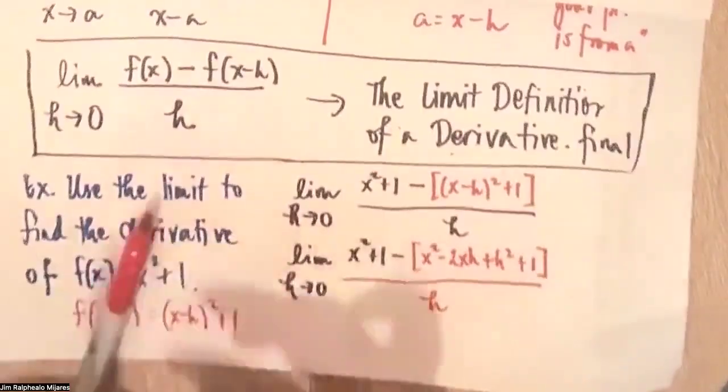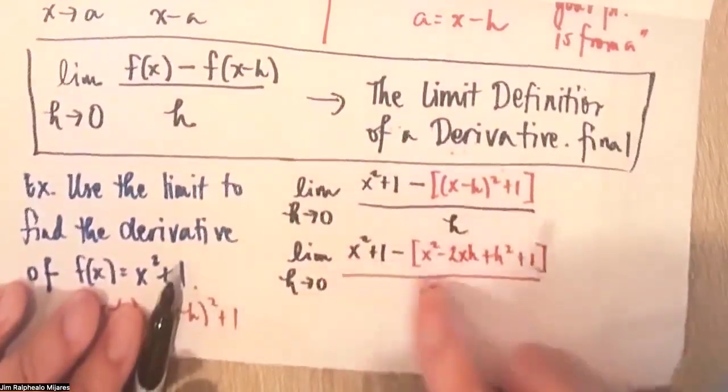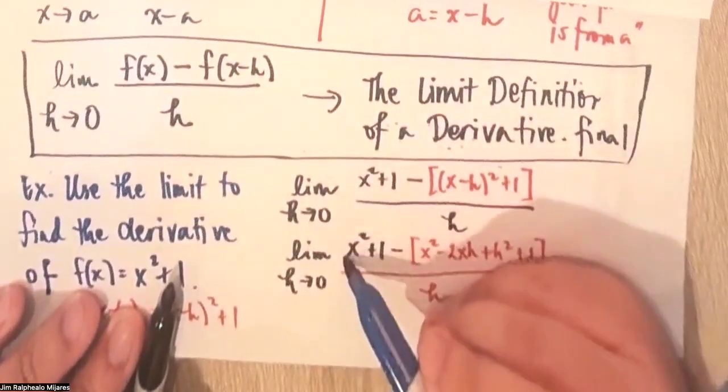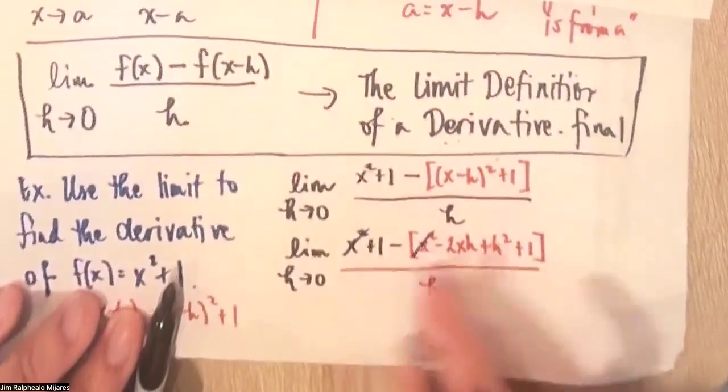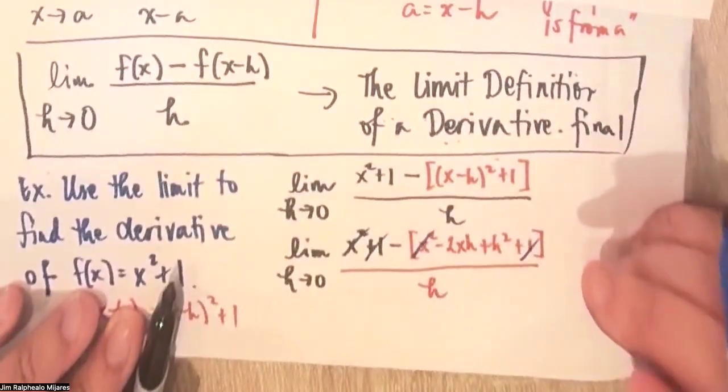Now, we can do some simplification. This x squared and this x squared get cancelled out, x squared minus x squared. This one and this one get cancelled out.